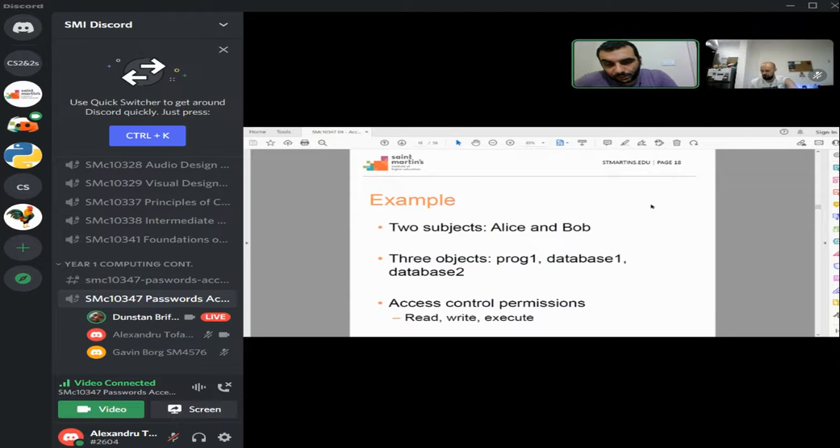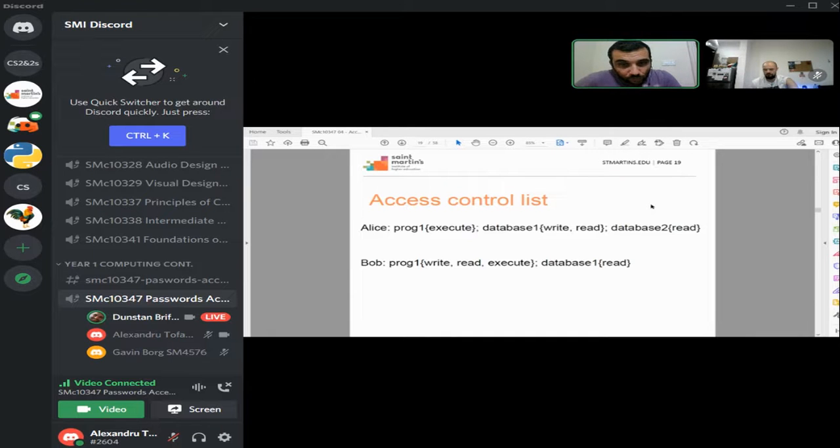Now let's take a little bit of an example, so it will help us to understand a bit more. If we've got our usual two subjects, Alice and Bob, who are interested in accessing three objects: program 1, database 1 and database 2, and we are considering those three permissions: read, write, and execute.